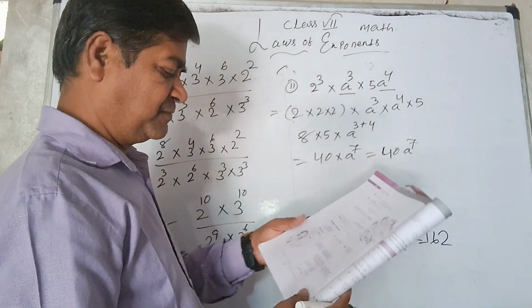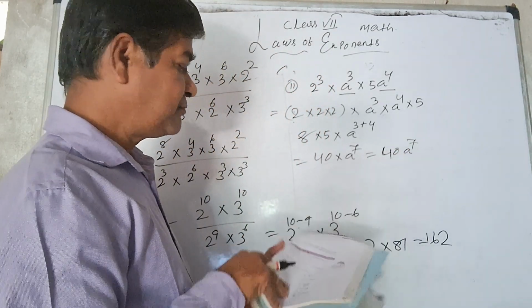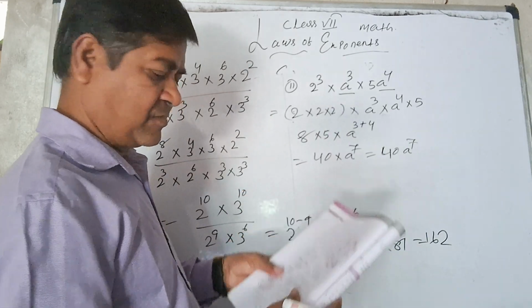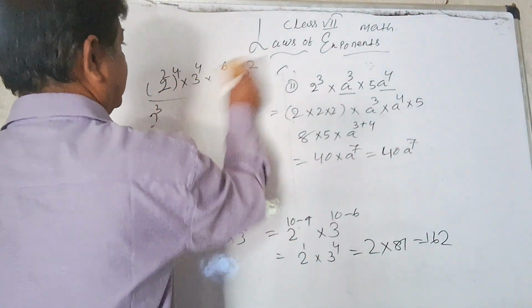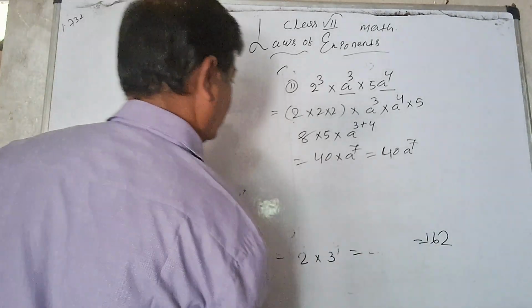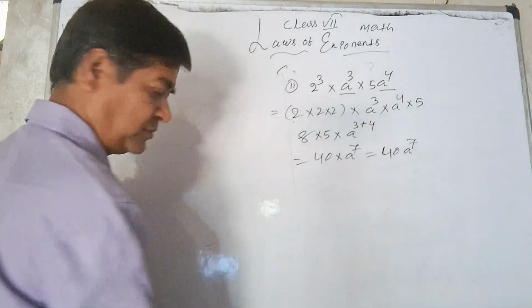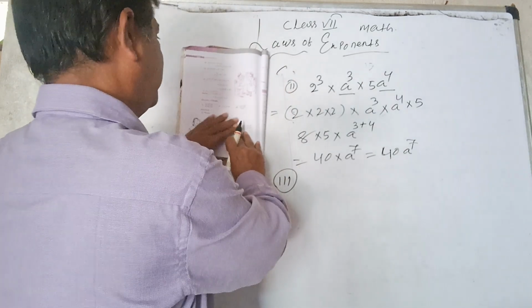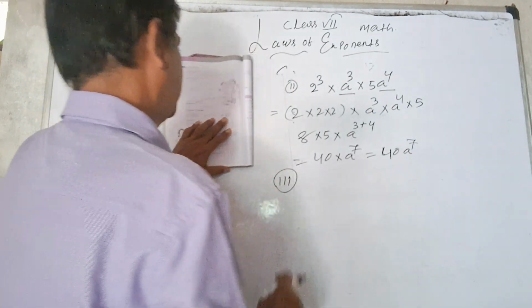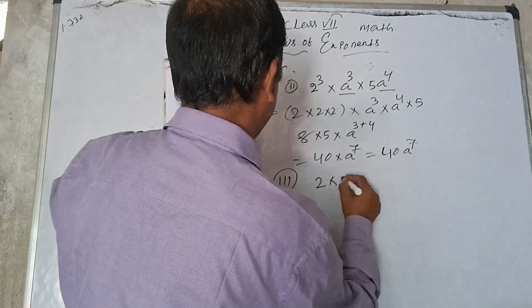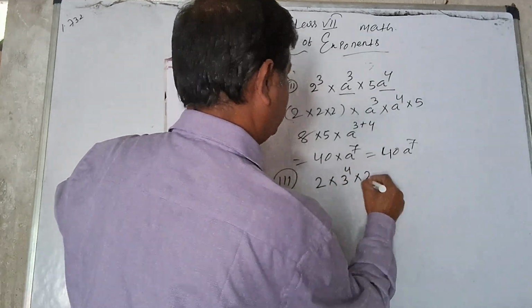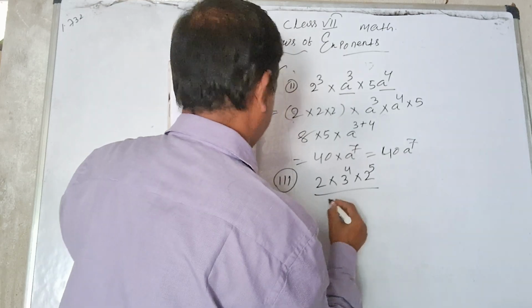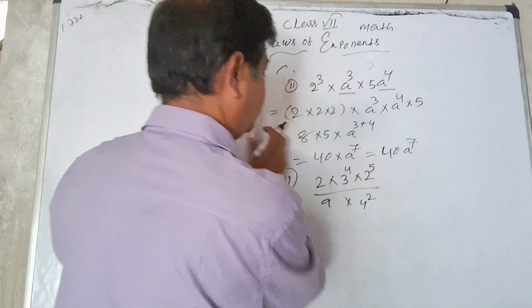Another question for you, the third one. The question is 2 into 3 to the power 4 into 2 to the power 5, divided by 9 into 4 to the power 2.